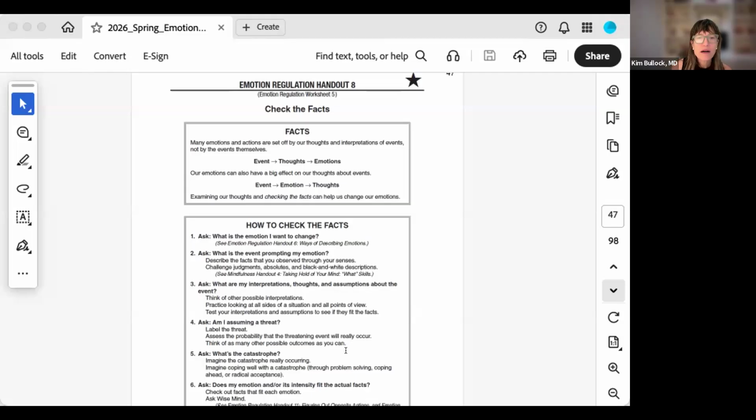And what are your interpretations, thoughts, and assumptions about the event? Look at that. Often we add to what we observe and then react to that. Think about some erroneous interpretations you might make when you're feeling a particular emotion.